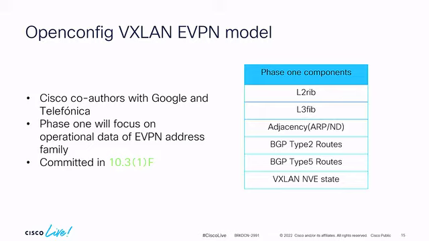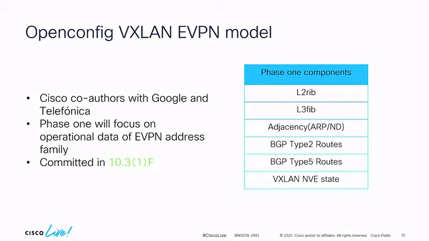The VXLAN EVPN model. The problem with the OpenConfig model is that it's general information. It's way behind the industry, to be honest. For example, with the OpenConfig YANG model, we have been implementing VXLAN EVPN in the industry for over 5 years, but we just released this one.